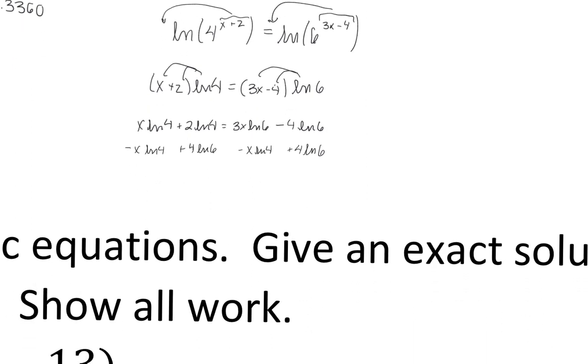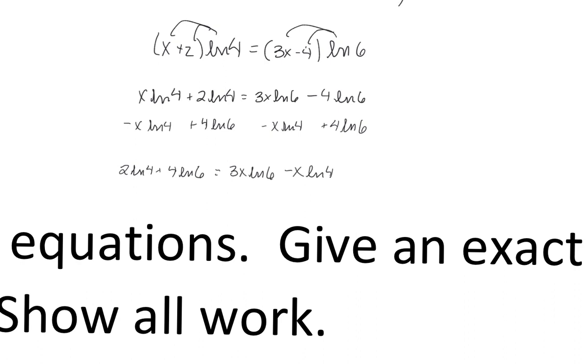I'm going to add 4 natural log of 6 all in one step. So on the left-hand side, I'm going to have 2 natural log 4 plus 4 natural log 6 being equal to 3x natural log 6 minus x natural log 4. Now notice that all of the x's are over here, and everything else is on the opposite side.